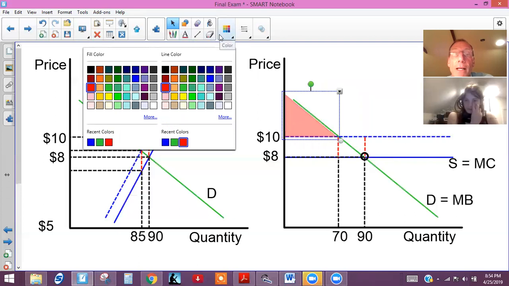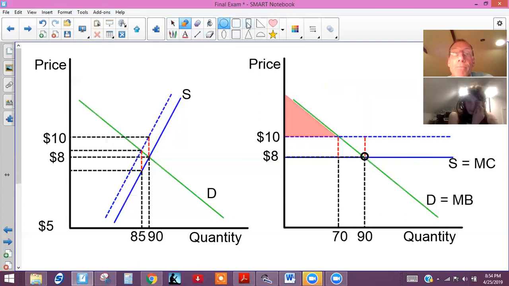Whoops, not that guy. Hold on. Right here, this is the tax revenue right there. Okay. This is the tax revenue. This is the deadweight loss.